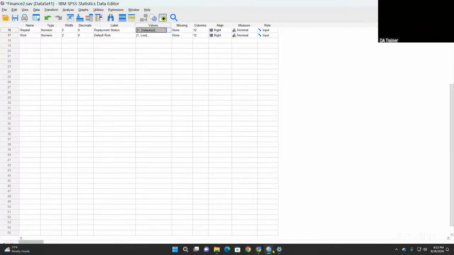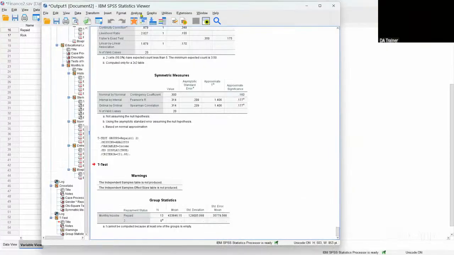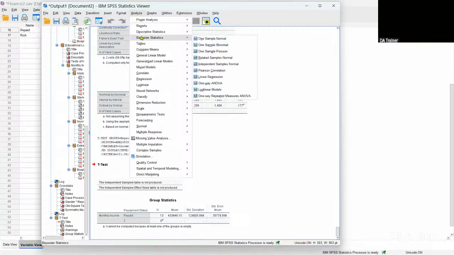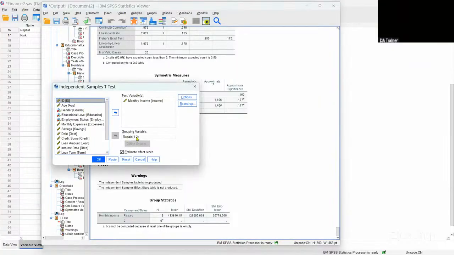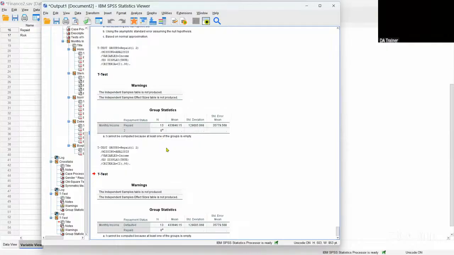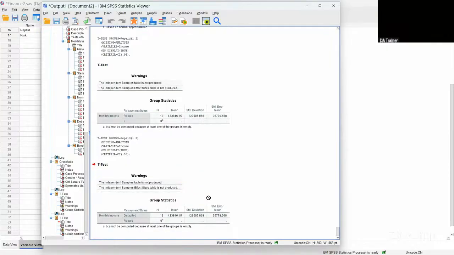Let's go back to our output view. Analyze, compare means, independent, define the groups again. Everything is okay. Click on OK. It's still showing that error.